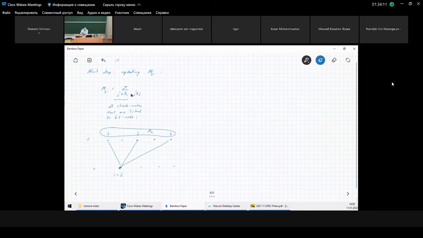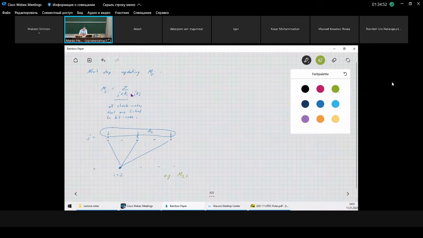And the index J prime would be here like 1, 3, and if you are interested in MJ1, let's go with the example, say M, 2. So we would be interested in this one here.